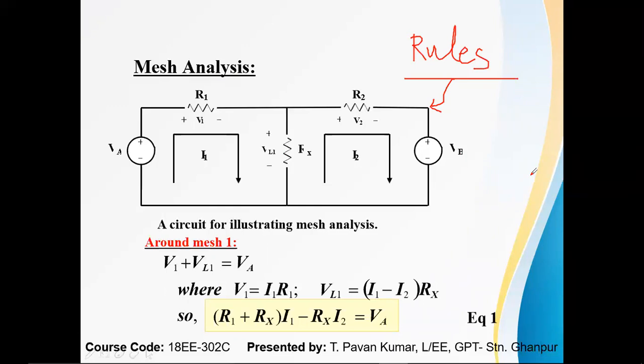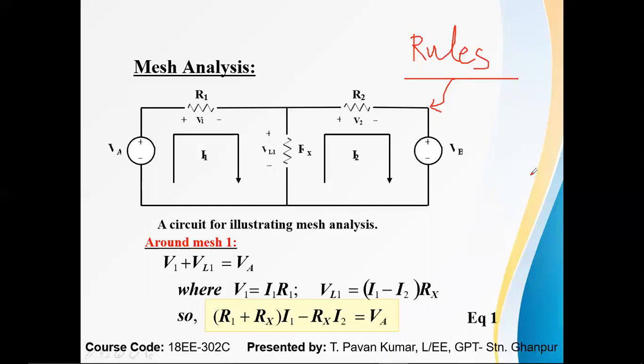Here I want to reveal the hidden fact behind this mesh analysis. In our previous session, session number 8, a problem-mode session, I taught you two important methods for finding the loop equation.